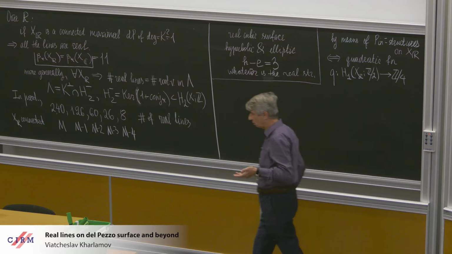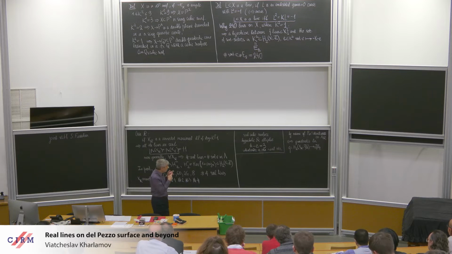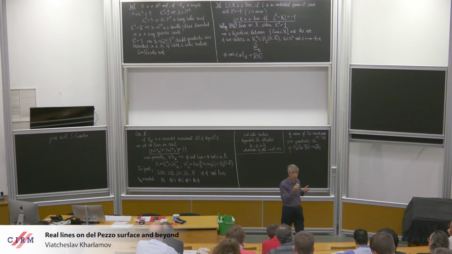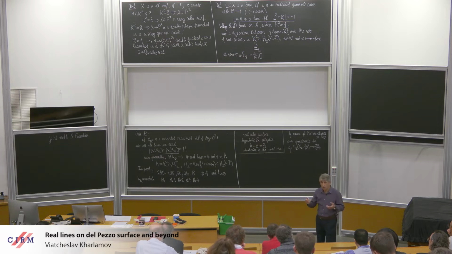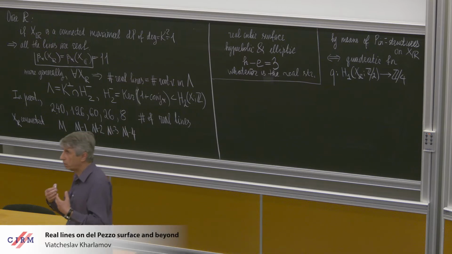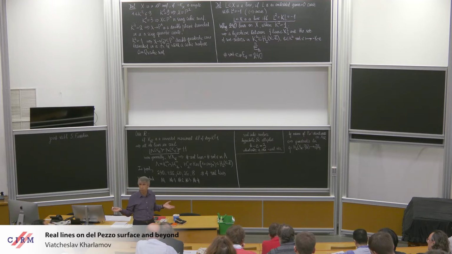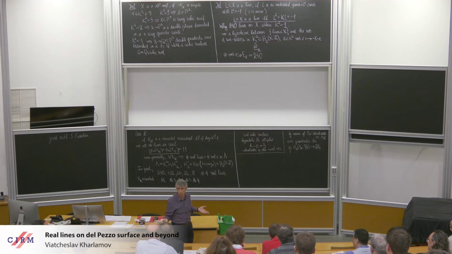Probably many people in this audience know that in the case of cubic surfaces there is a natural one, which appears just by taking a spin structure on the 3-space, and then observing that it induces a Pin minus structure on the real locus of the cubic surface.